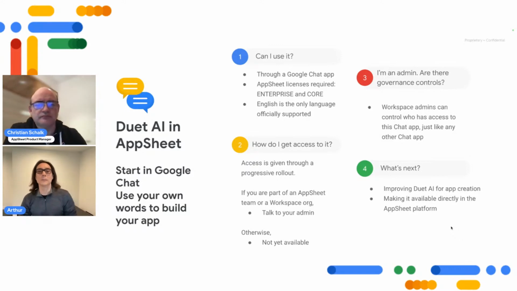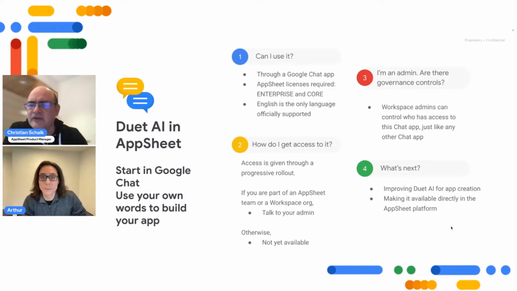Yeah. So there is no additional cost. For example, if you have a core license, there won't be any extra cost to using Duet AI. It's included in the core licenses and in the enterprise licenses at this point, and should be for all paying accounts in general in the future. So no extra.